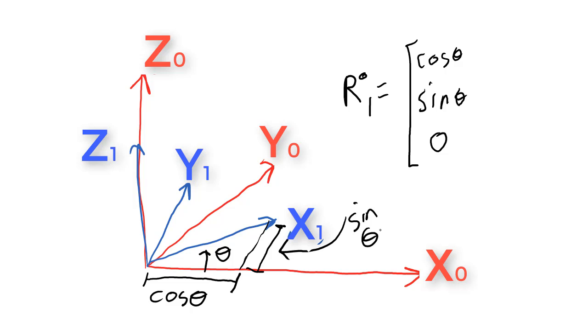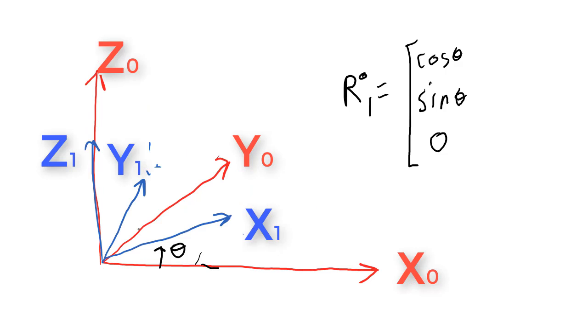Next, let's look at the y1 axis. First, note that this angle here is also theta. We can use that information to figure out the projection of y1 on the 0 frame. The sine of theta is equal to the opposite side over the hypotenuse. The opposite side is the projection on the x0 axis.